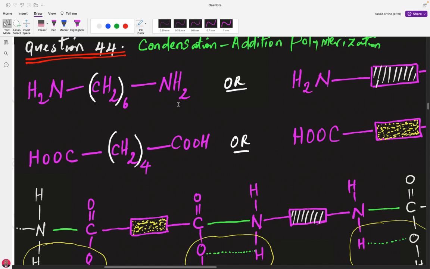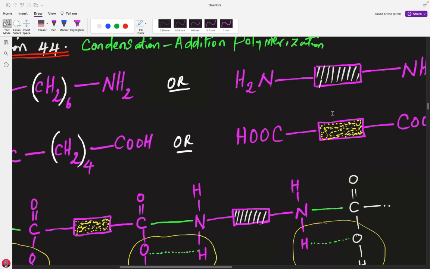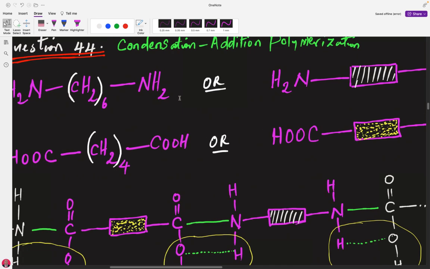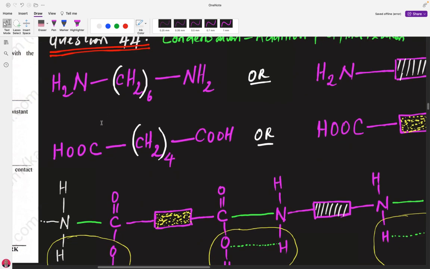It could be written like this, or it could also be written like this. You could represent the 6 methylene groups as a box, with the 2 functional groups at the edges, at the 1 and the 6th position.